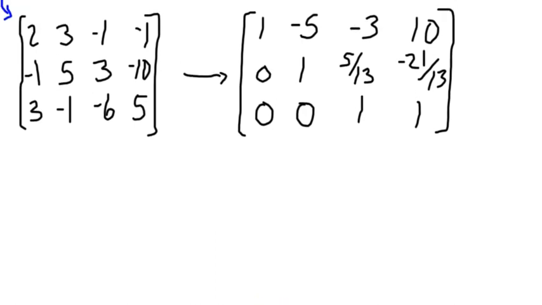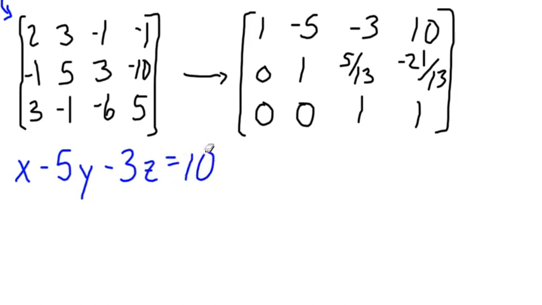We're going to take all these coefficients and write them as equations. Looking at row 1, we have x minus 5y minus 3z equal to 10. Looking at row 2, our second equation, that would be 0x, so we don't have to write that in there.